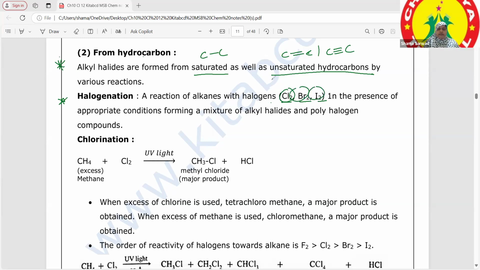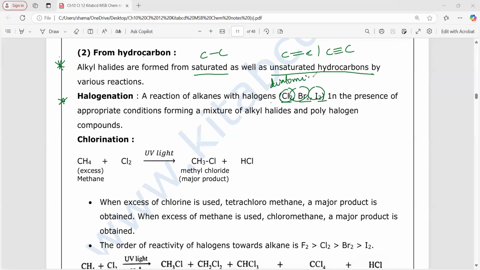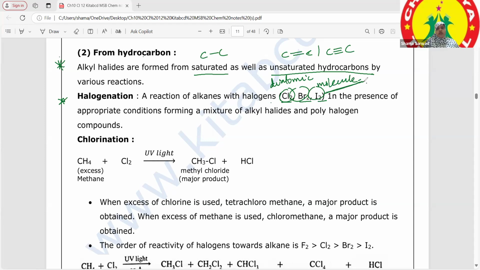Because these halogens are in a molecular state, diatomic molecules. They are not single atomic, and hence we write Cl2, Br2, I2. Single Cl, Br, or I, you will not see unless it is in a compound form.